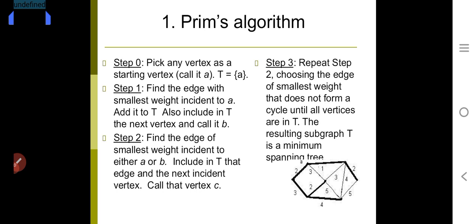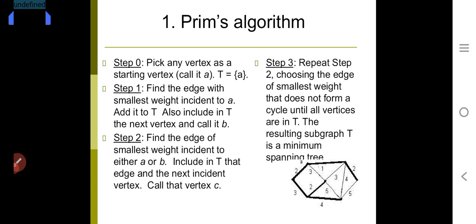Again, repeatedly we add the smallest weight incident on either A or B. So we add a vertex along with A and B and call it C. We have a graph T equal to A, B, C. Then we repeat the steps until all the vertices in the graph are covered. Then at last we find the minimal spanning tree.